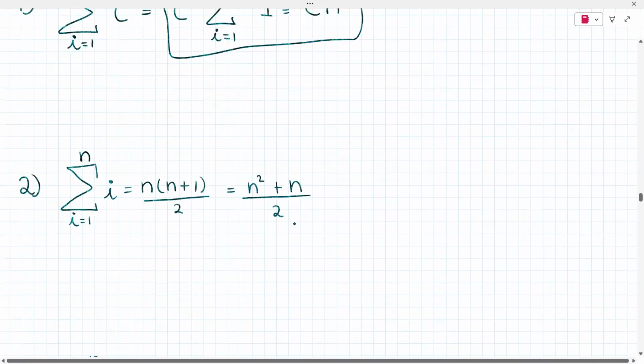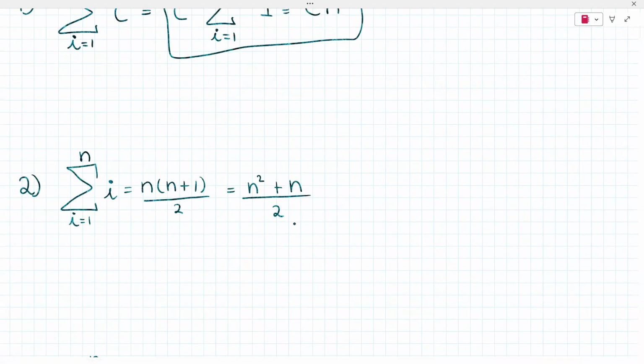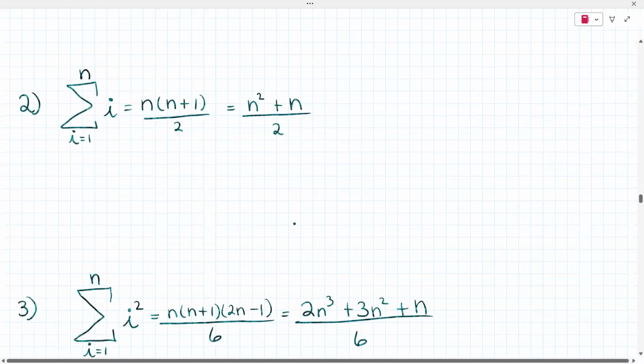Okay, rule 2. If you have the sum of i, n times n plus 1 over 2, it can be written as n squared plus n over 2. Okay, rule 3.